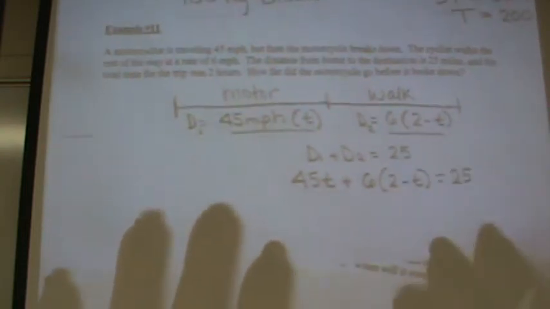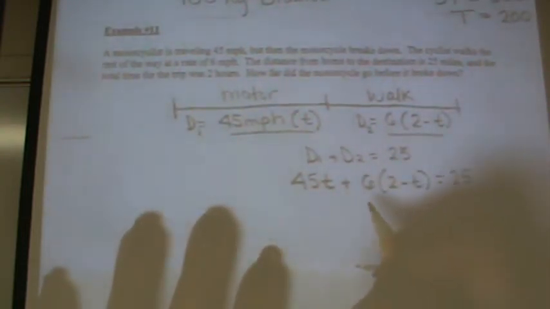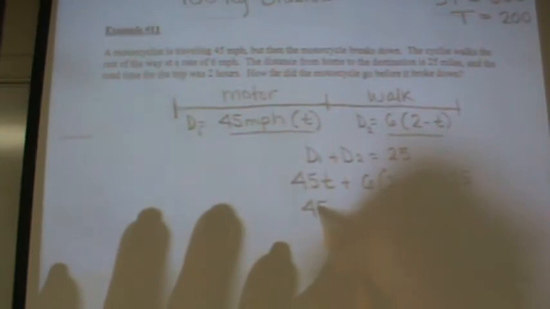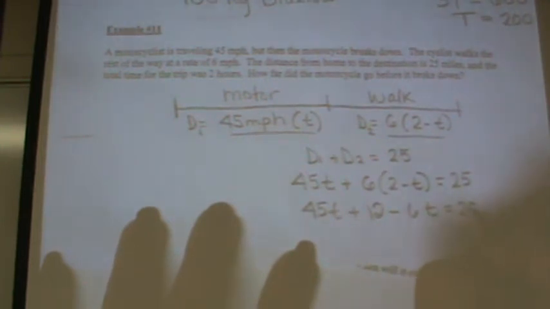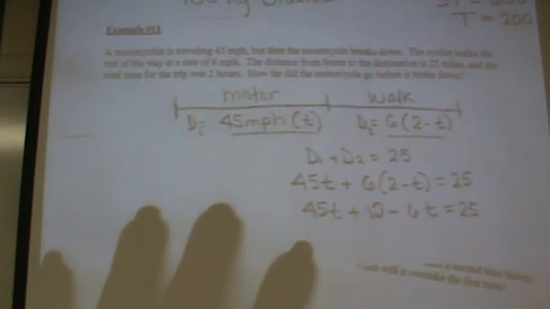So 45T plus 6 times (2 minus T) equals 25. How will I solve this for time? You're going to distribute. 45T plus 12 minus 6T equals 25. Put together like terms. 39T plus 12 equals 25.